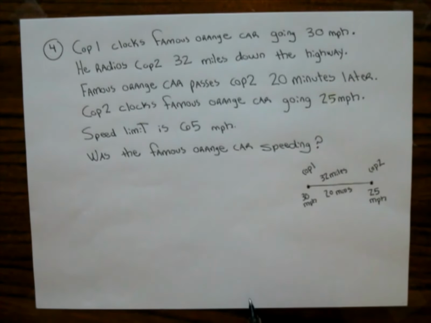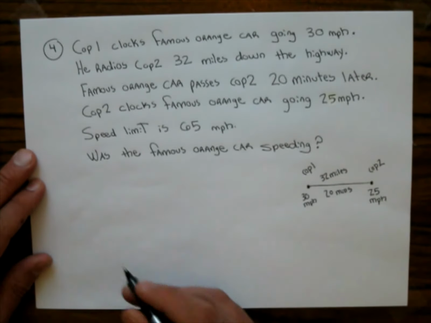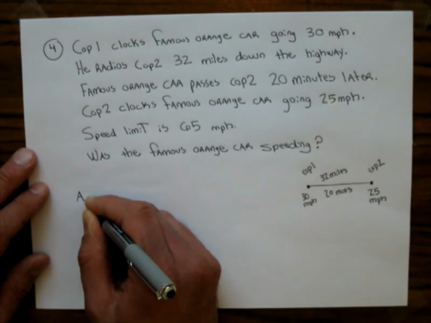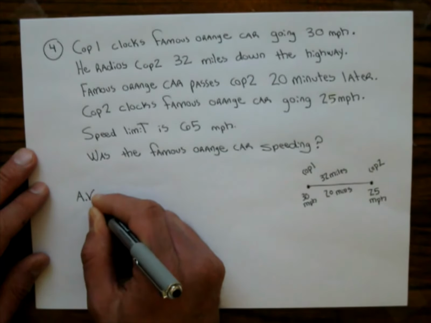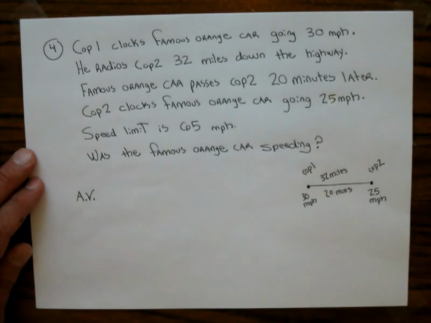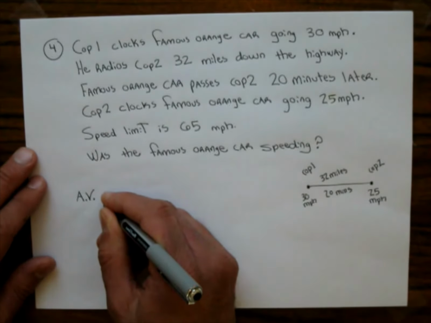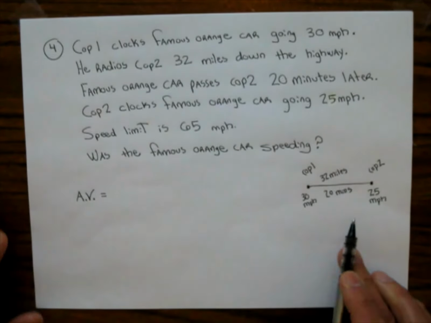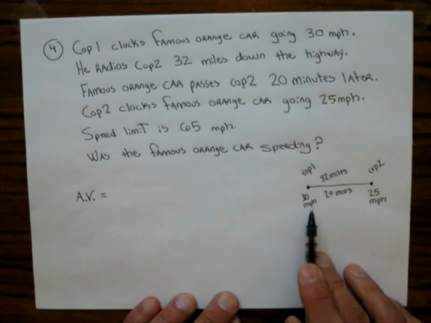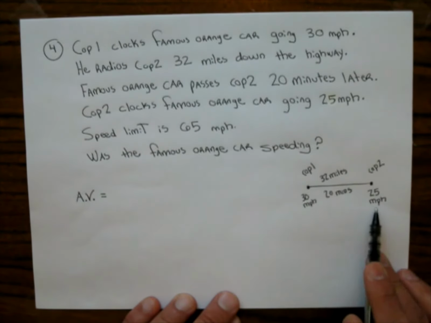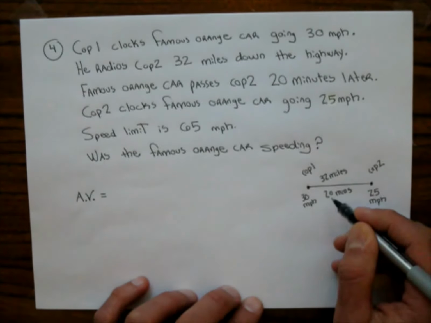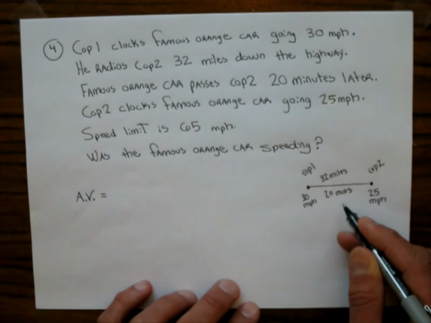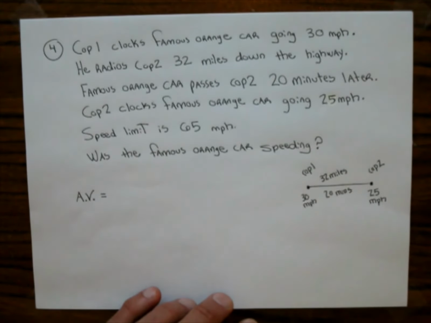I'd like to know the average velocity. That's what I want to know. And the average velocity, before I do anything else, because I have miles per hour, I have 20 minutes, so I'm going to change that to hours. 20 minutes, what does that happen to be?